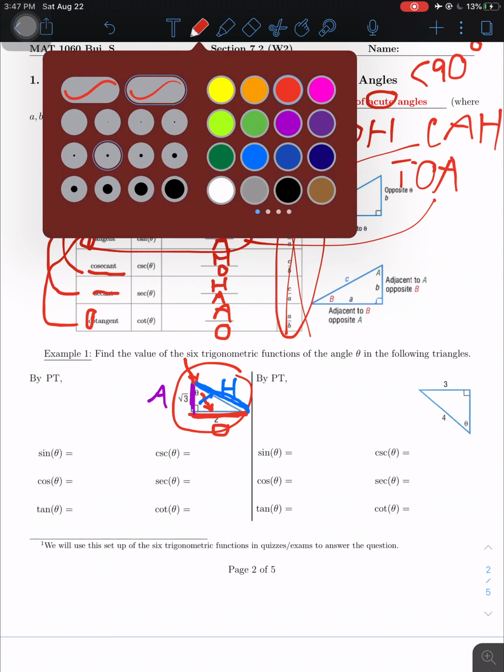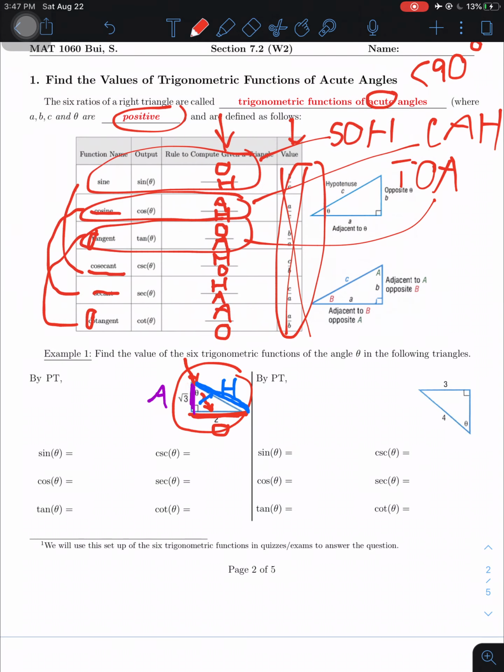Well, there are two sides lying next to theta, but only one of them could be adjacent, because the other one must be the hypotenuse, right? And hypotenuse is usually easier to find first, because the purple side here is right next to the right angle, so you know for a fact that the purple side cannot be the hypotenuse.